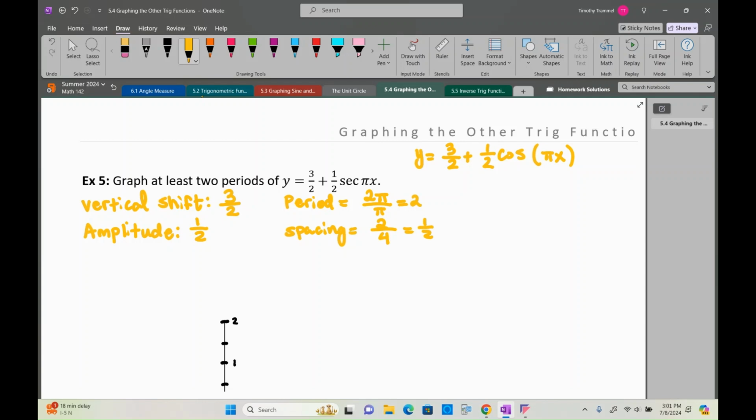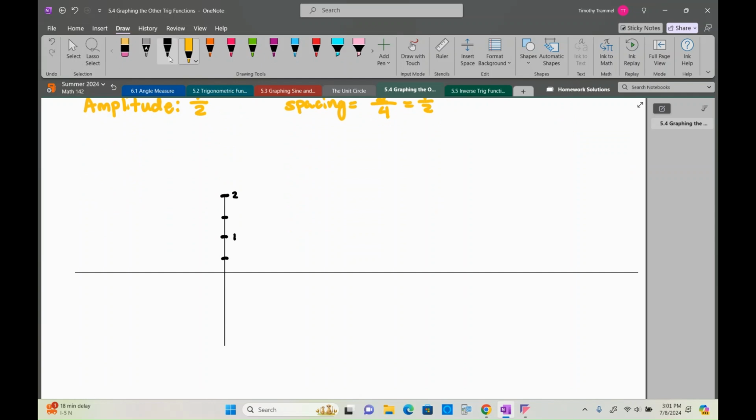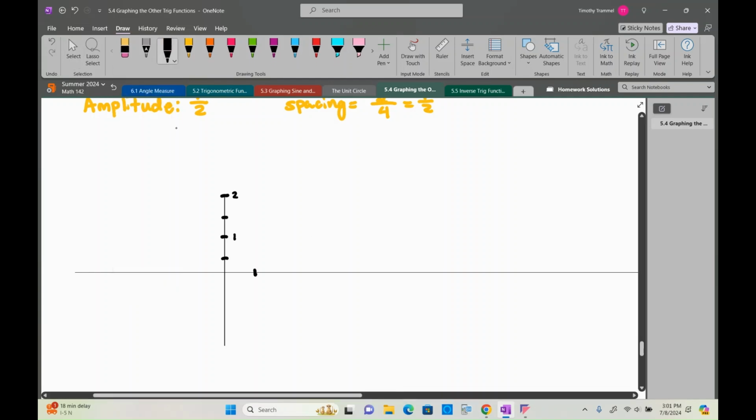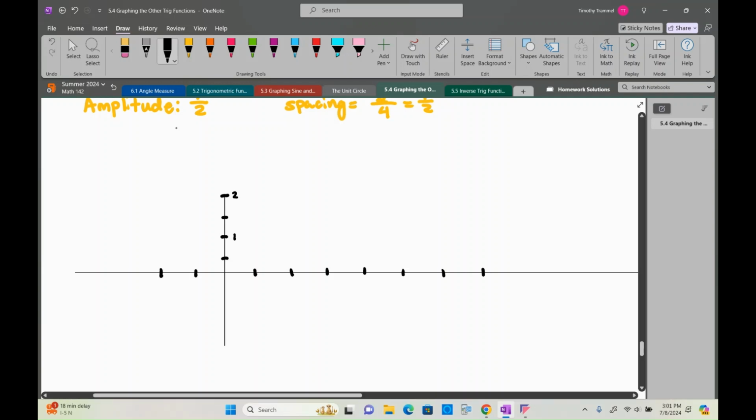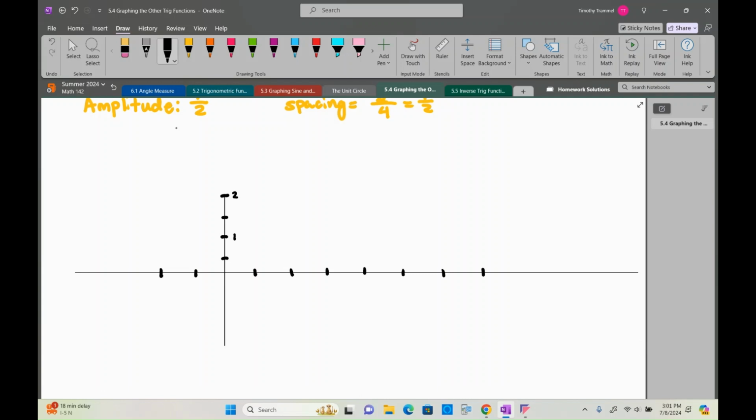So I'm going to start at the origin, or start at x equals 0, maybe I should say, and start counting by halves. So let's come over here, and we'll start filling those in. Here we are. Okay, I think that should be plenty.